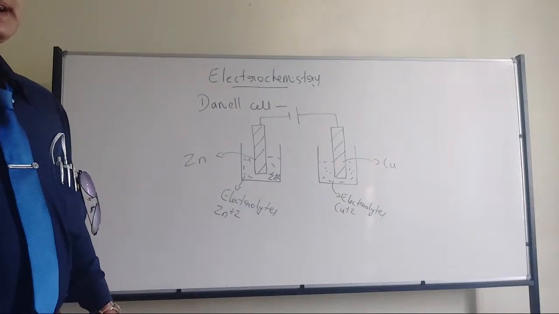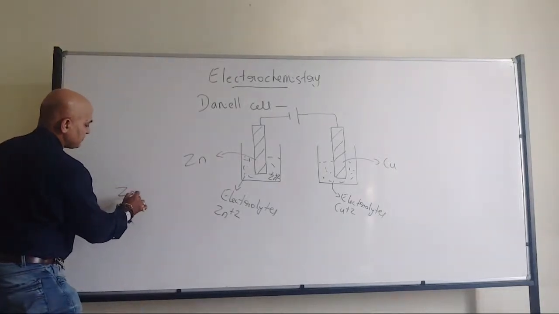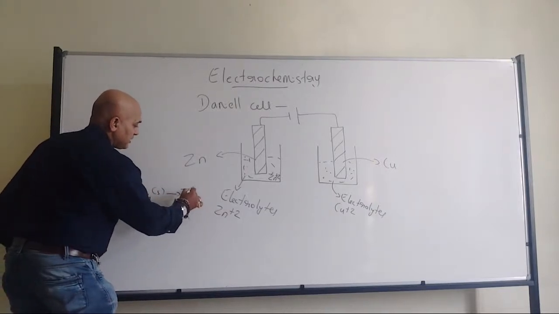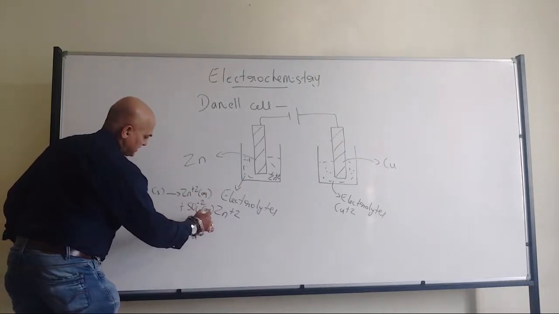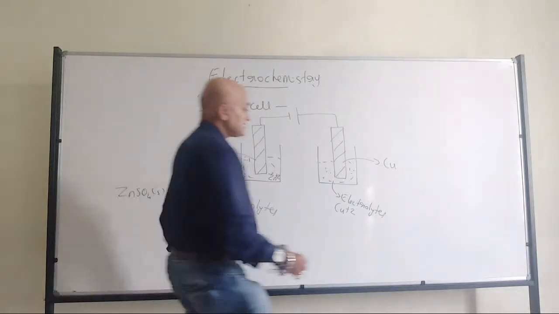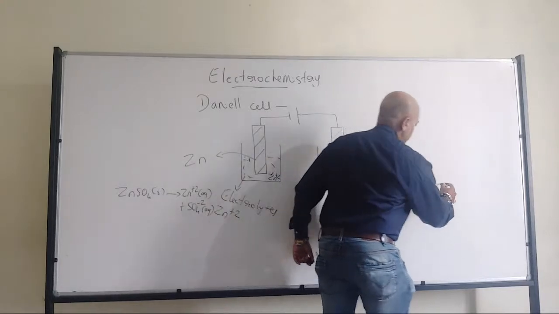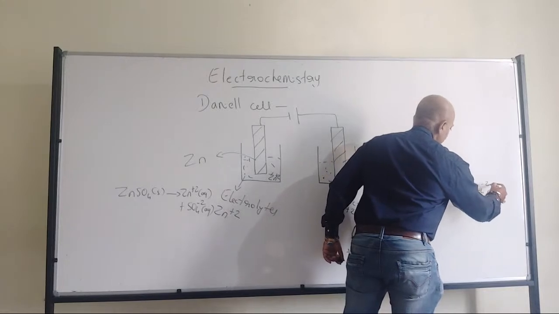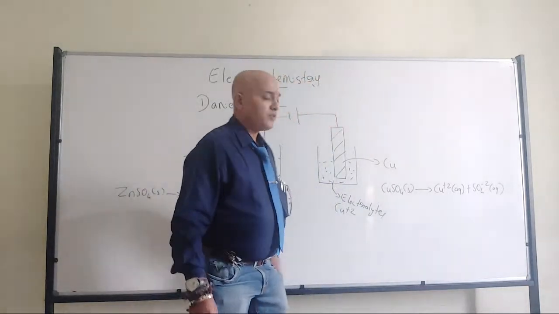A simple example can be zinc sulfate and copper sulfate. Whenever zinc sulfate is dissolved in water, it becomes Zn+2 aqueous and sulfate -2 aqueous. So Zn+2 is present. Same logic is applicable here. Copper sulfate, whenever added to water, dissociates into cupric ion plus sulfate ion aqueous. Fine. So that's one example for the electrolyte.